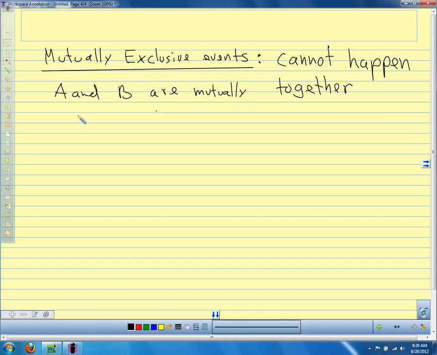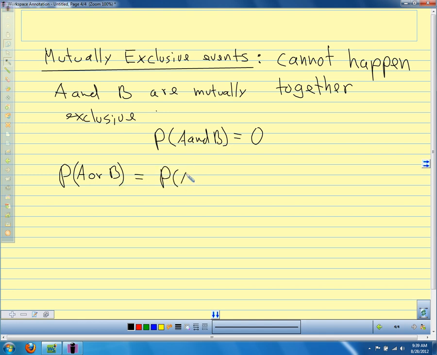A and B are mutually exclusive. The probability of A and B together, both, equals 0. But what we can do is figure out the probability of A or B. The probability of rolling a 1 or a 6 on one roll of a die. Probability of A or B is the probability of A plus the probability of B. For mutually exclusive events, we add.